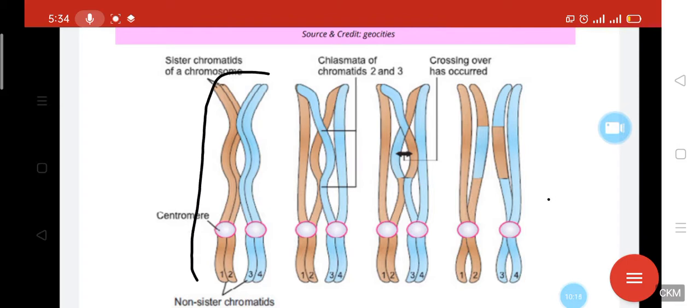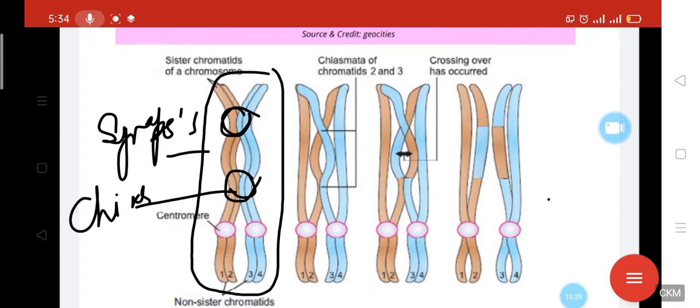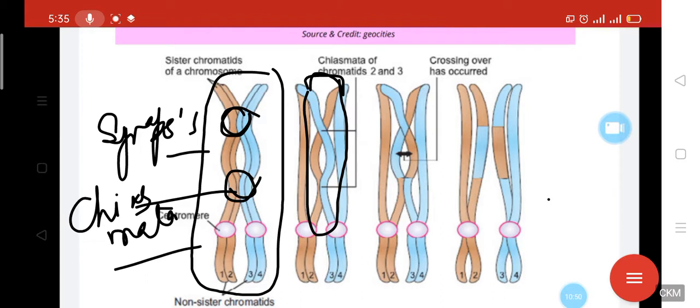Now you can see in this diagram, these are two homologous chromosomes which are going to align with each other, and this is known as synapsis. These are the points at which they are joining with each other along their length, and this joining is known as a chiasmata. After that, the non-sister chromatids are going to exchange their material with each other.